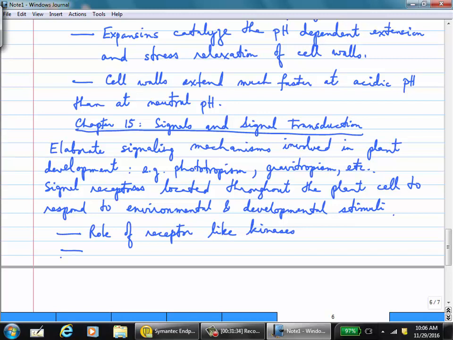So you'll have receptor like kinases on the cell membrane that'll produce some signal transduction inside. And again, the signal should not die down as it is being transmitted. So you might need amplification of the signal. It's just like before you do a radio broadcast, you amplify the signal and then you send it over. So intracellular amplification of signals is needed.